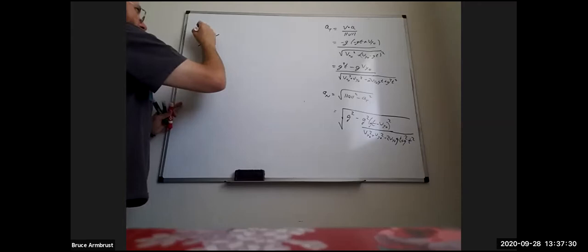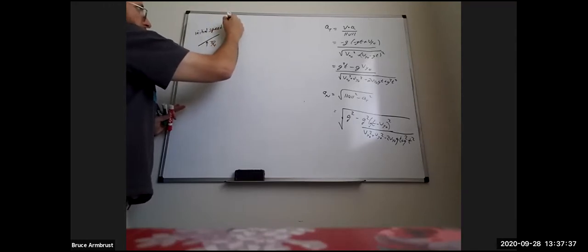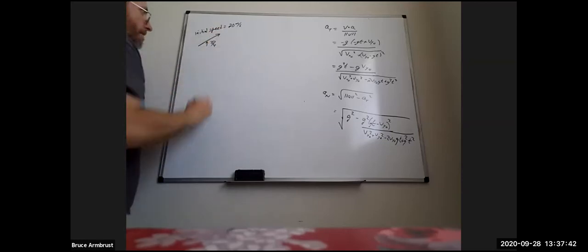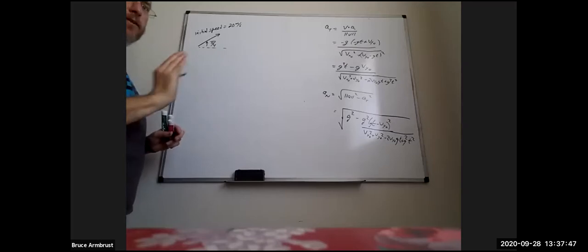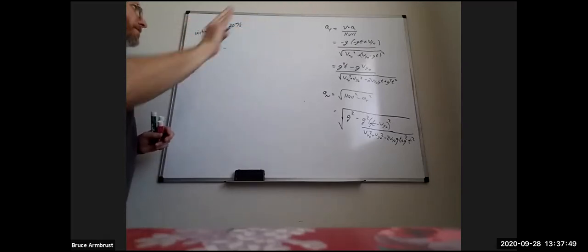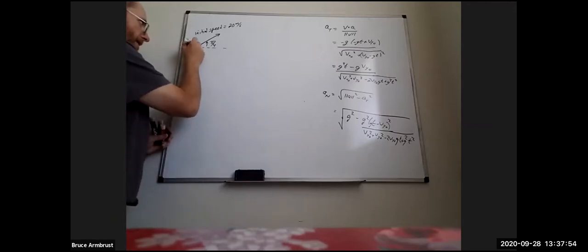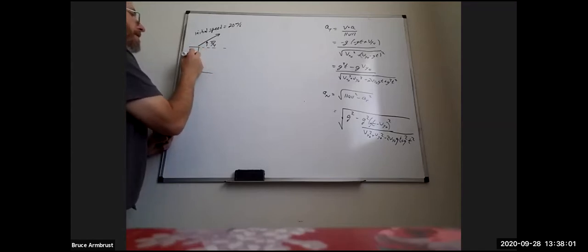And let's say that the initial speed equals 20 meters per second. So we're going to toss it at an angle of pi over 4 with an initial speed of 20 meters per second. And I'll even tell you that we're up on top of a building and that this building is 30 meters tall.